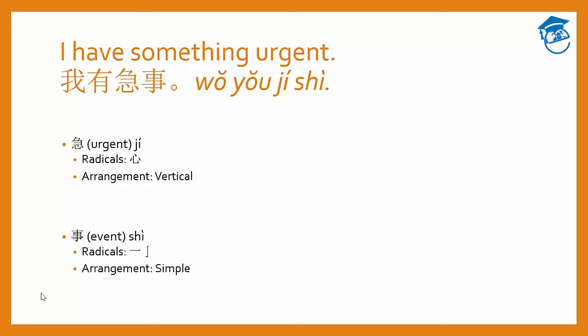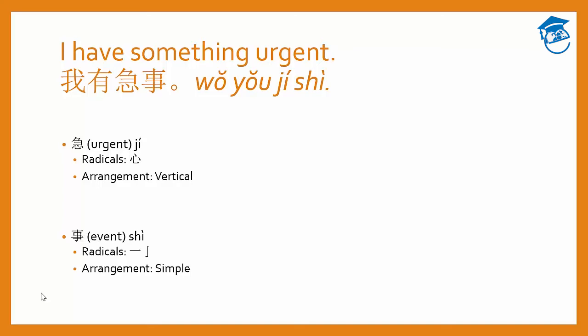So to say something urgent, you say 急事. 事 is thing or happenings. And if you want to describe that happening, you just add the adjective in front. And the adjective is 急. So to say 急事 is like you have urgent happenings.